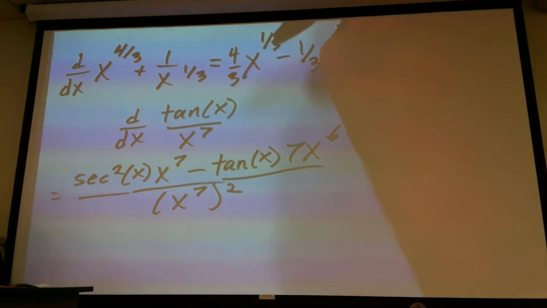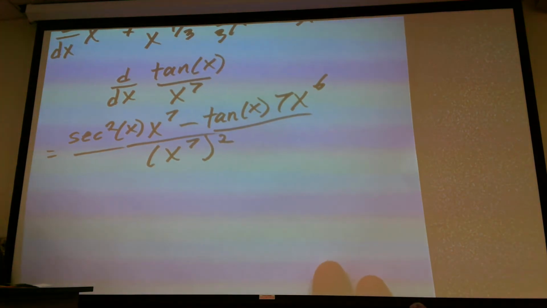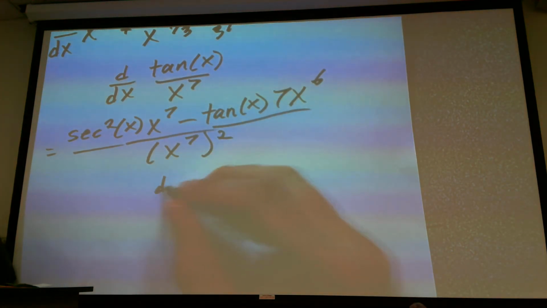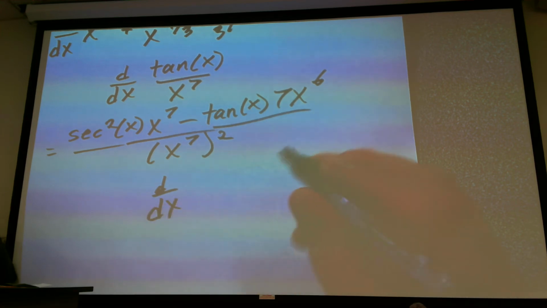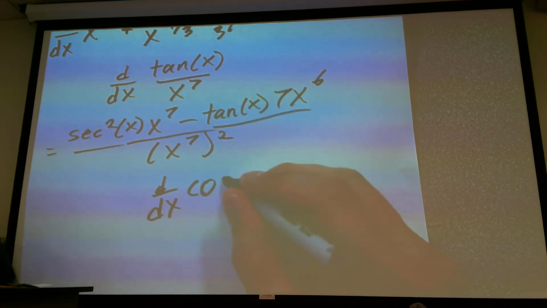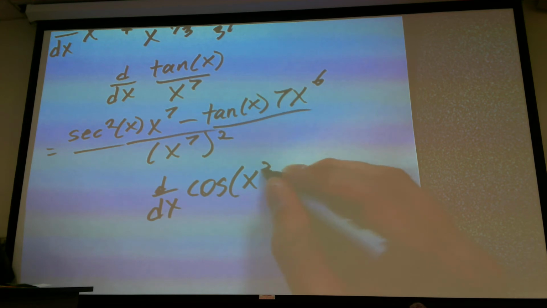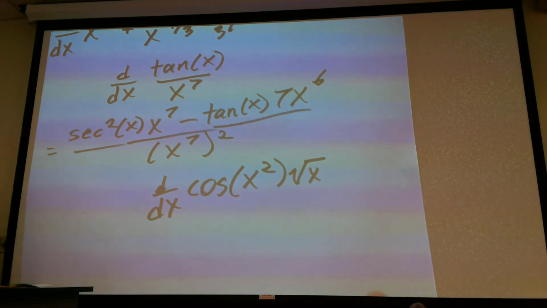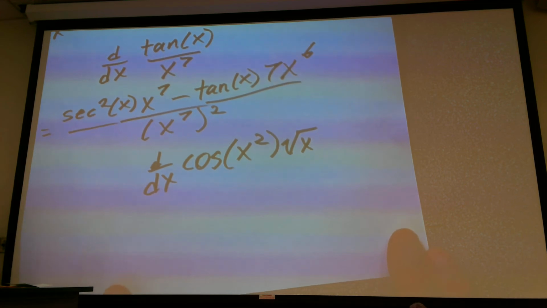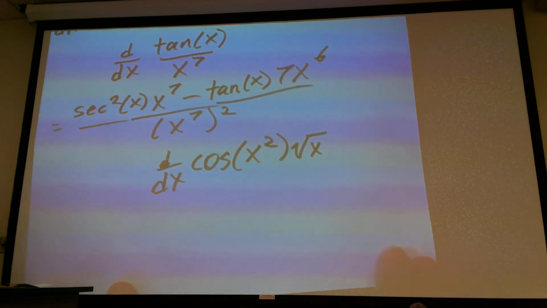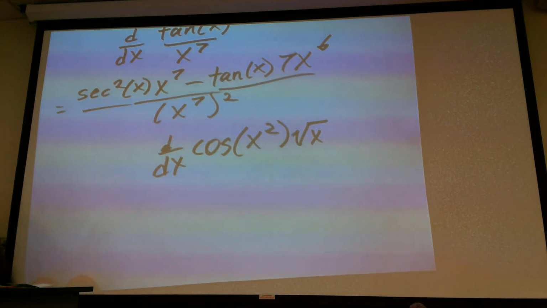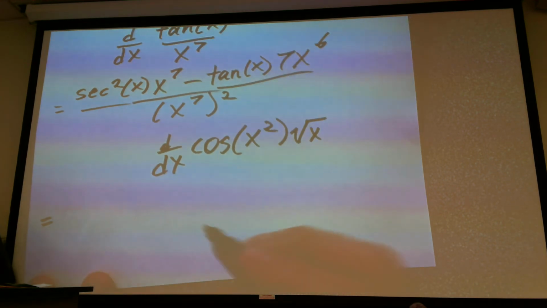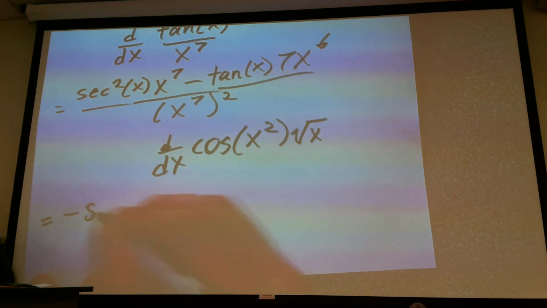So let's say our next one is the derivative with respect to x of cosine of x squared, multiplied by the square root of x. So the derivative of cosine is negative sine.